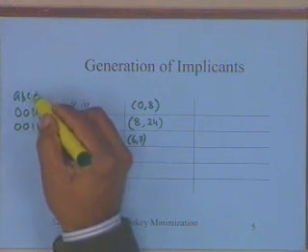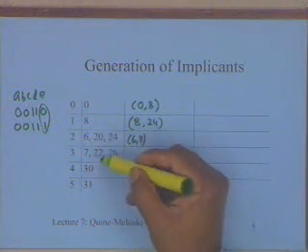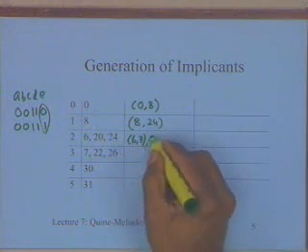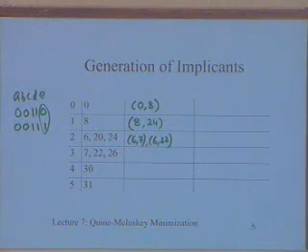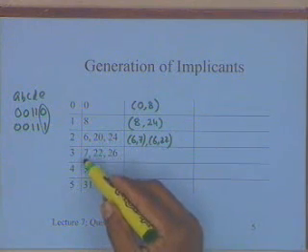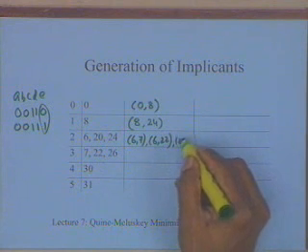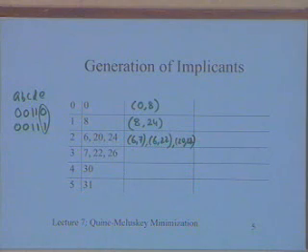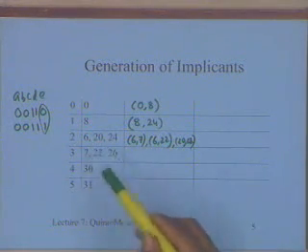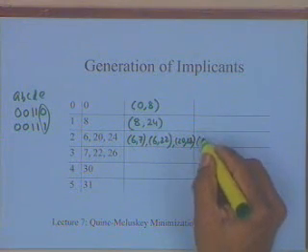So this is A, B, C, D, E. This is E complement and this is E. 6 and 22, the difference is 16, they will also combine. 6 and 26 will not combine. 20 obviously cannot combine with 7, the value is more. 20 can combine with 22. 20 cannot combine with 26. 24 of course cannot combine with 7 and 22, but 24 will combine with 26.